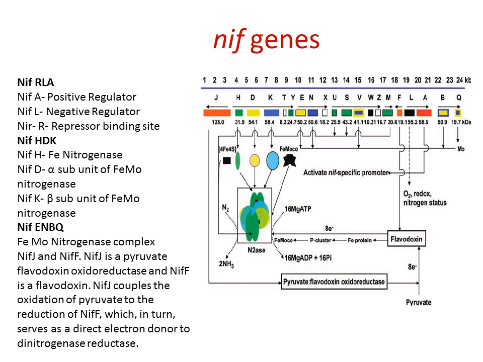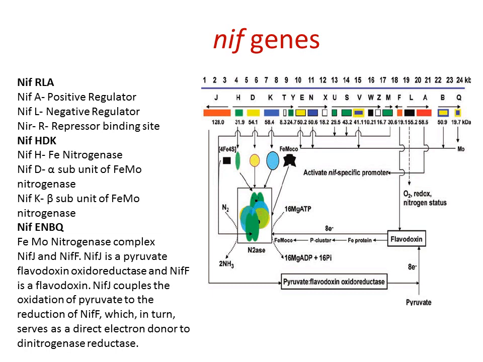What this enzyme does is oxidize pyruvate and at the same time reduce flavodoxin by transferring an electron to flavodoxin.